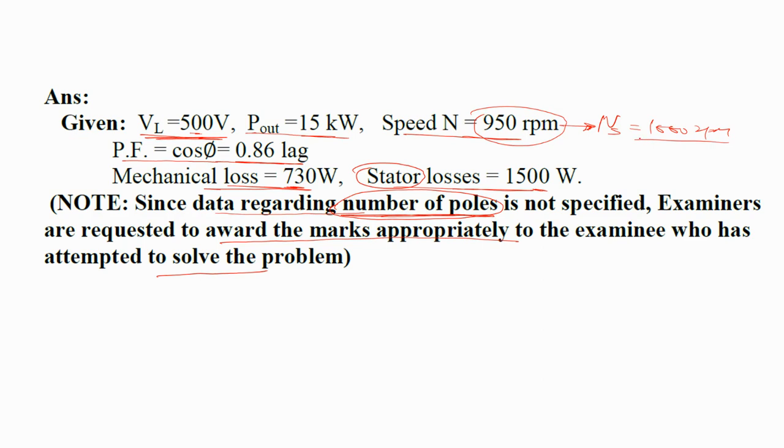We have to take care that the actual speed of the induction motor is always less than the synchronous speed. So when we consider 1000 rpm, near to 950 it is 1000. That's why for now we will consider synchronous speed as 1000 rpm.